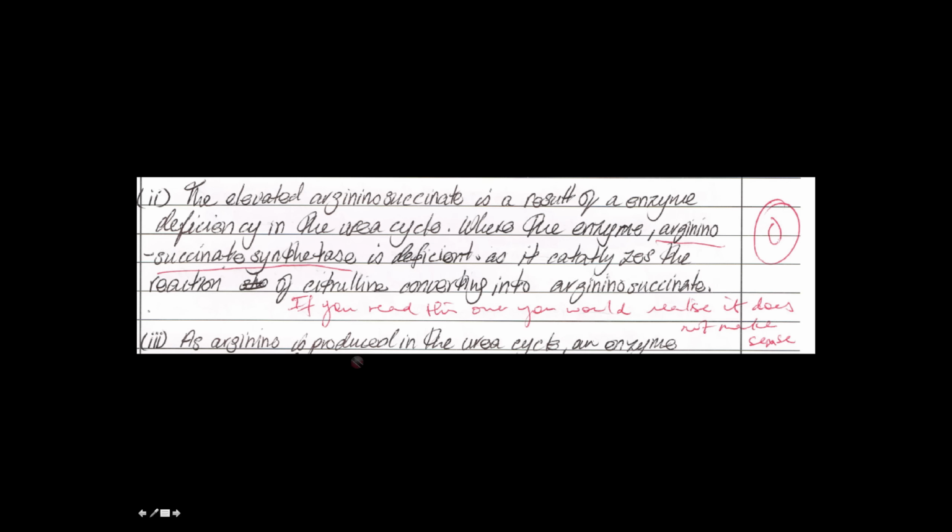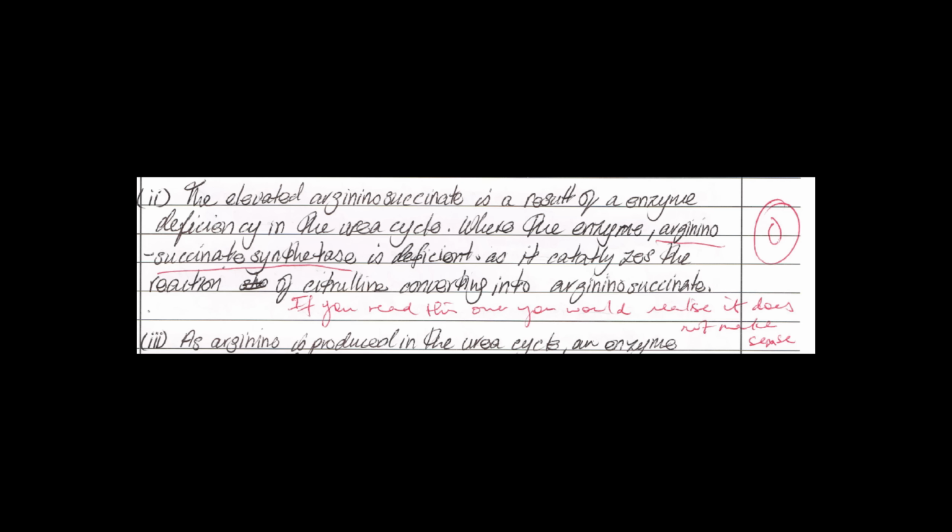Right. Now, I'll just go with my comment. If you read this over, you would realize it does not make sense. Let's see what I mean by that. The elevated argininosuccinate is a result of an enzyme deficiency in the urea cycle, where the enzyme argininosuccinate synthetase is deficient as it catalyzes the reaction of citrulline, converting it into argininosuccinate.